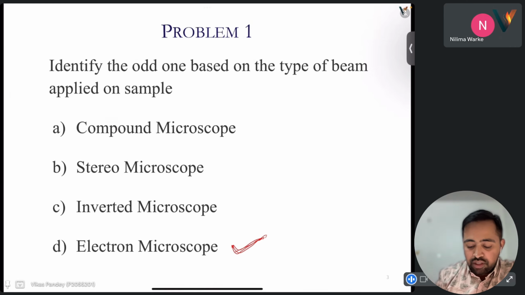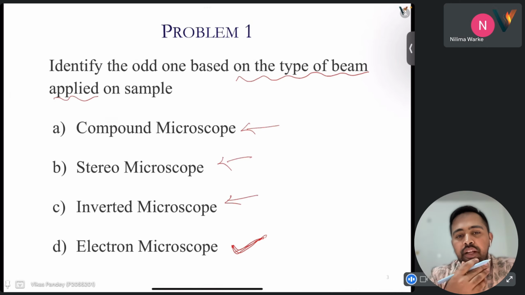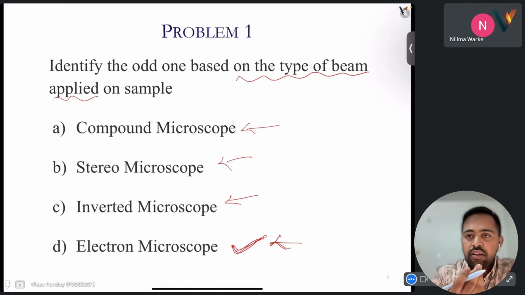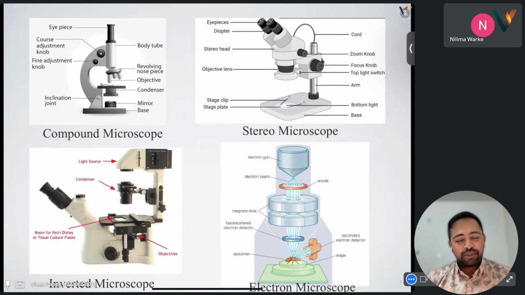It says on the type of beam applied, right? A beam of light. So in all of these, visible light is used, whereas in the electron microscope, electrons are used. So the beam itself is different.